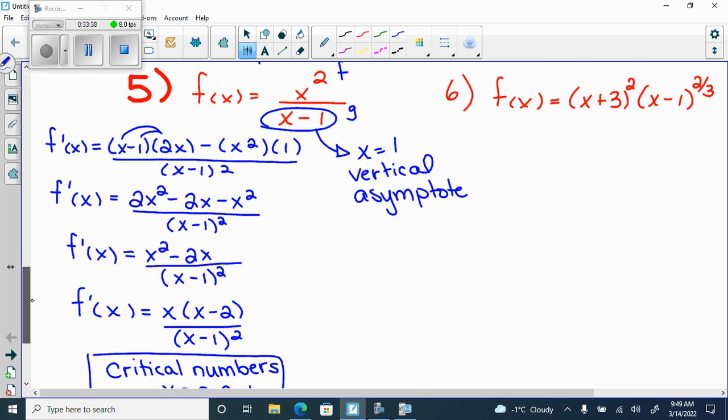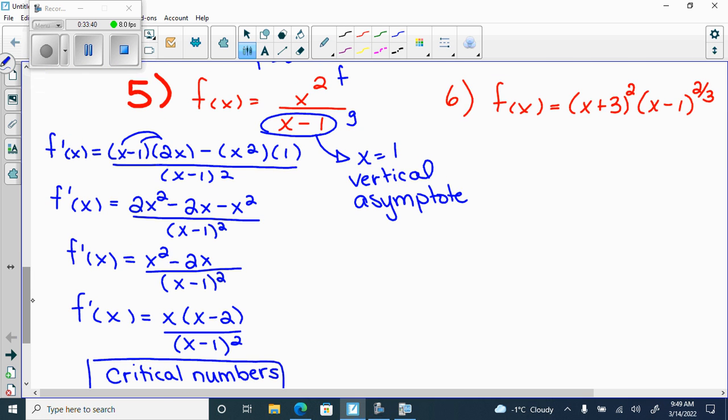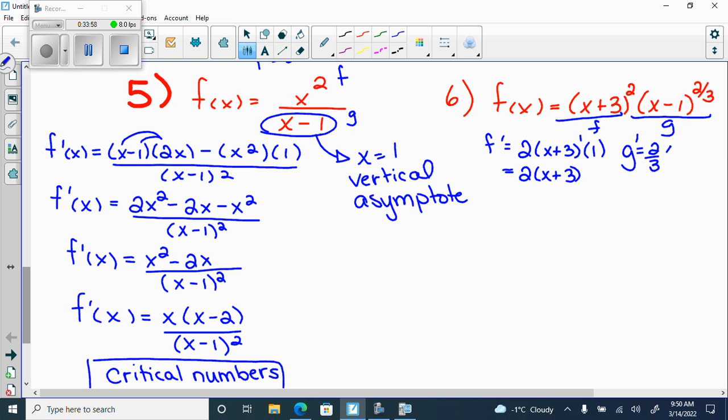When we go to do this one, we have f, we have g, we have f prime, which is 2x plus 3 to the 1 times 1, technically, which is just 2x plus 3. My g prime is 2/3 x minus 1 to the negative 1/3 times 1, which is just 2/3 x minus 1 to the negative 1/3.